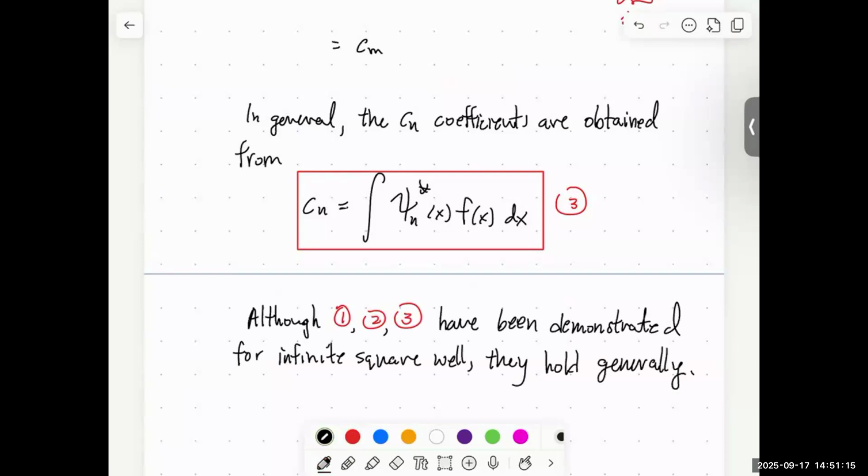We will prove the orthonormal part, the delta function part, in chapter 3, but completeness, like I said, we are going to go without proof.